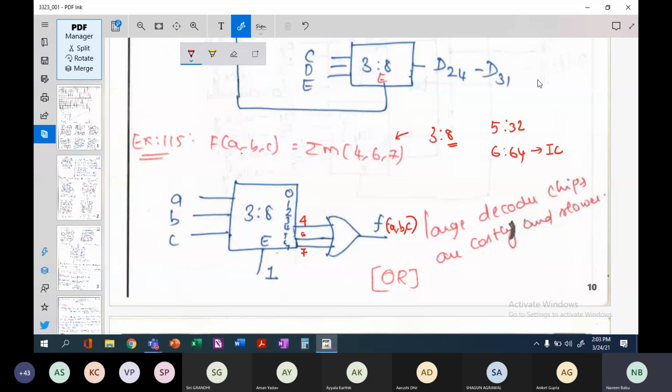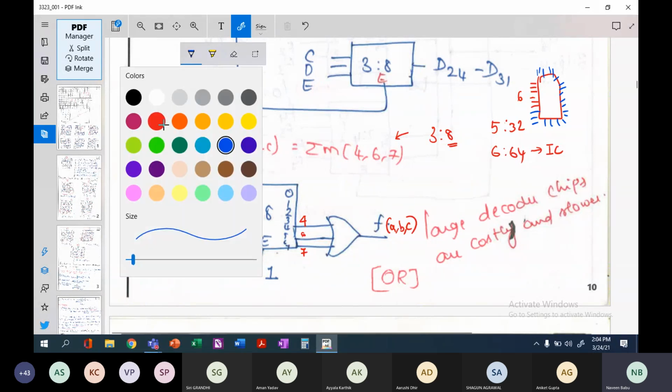Your IC will take 6 inputs and then 64 outputs. So 64 plus 6, how many? 70 pins you will be having in your ICs, which is not a feasible option.